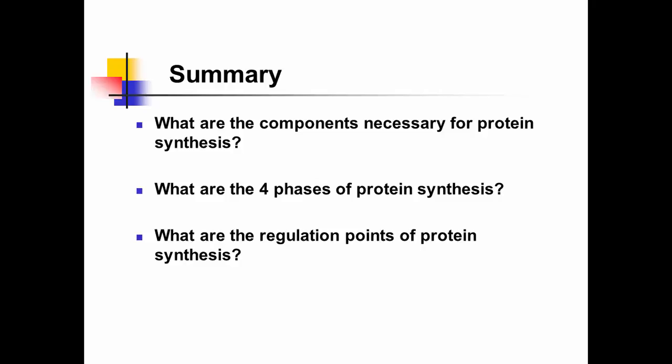Just in general, these things are needed. And the fourth is protein synthesis: amino acid activation, initiation, elongation, and termination. I don't think I talked about the regulation of protein synthesis, right?